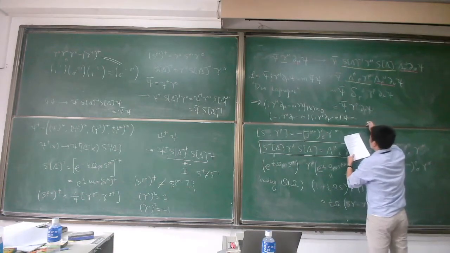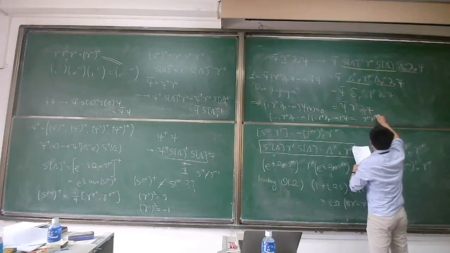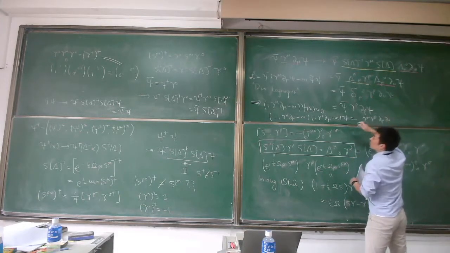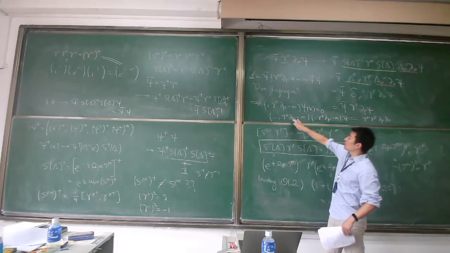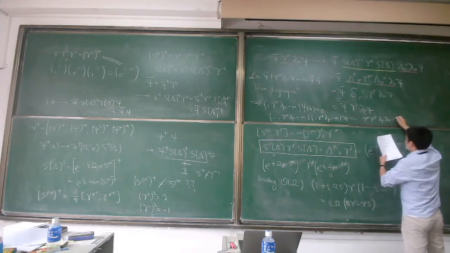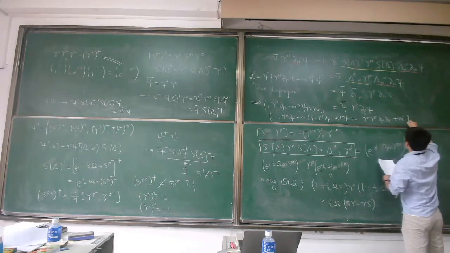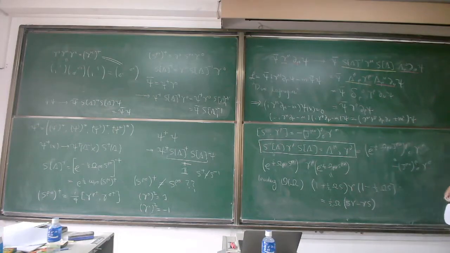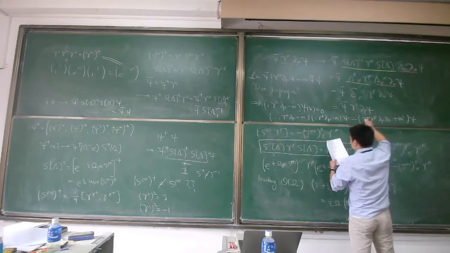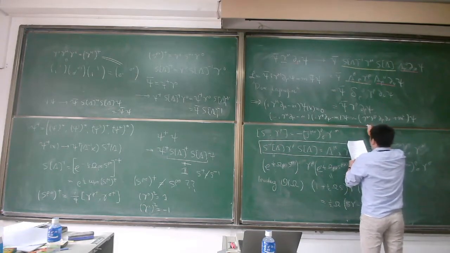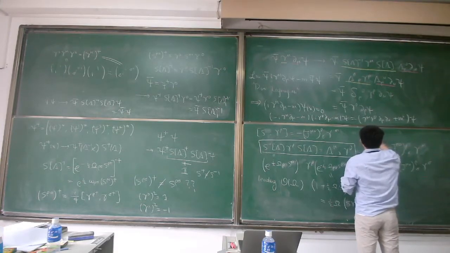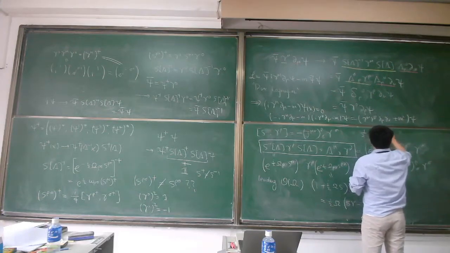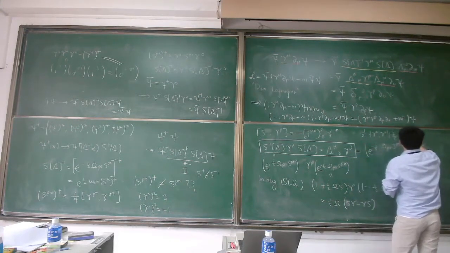Then, because of the sign difference, the first order derivatives cancel each other. So what we get is m squared acting on psi. And we know that from Clifford algebra, this is just equal to one half gamma mu partial mu plus m squared.